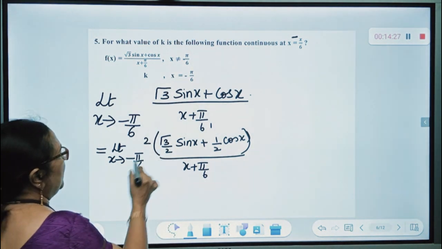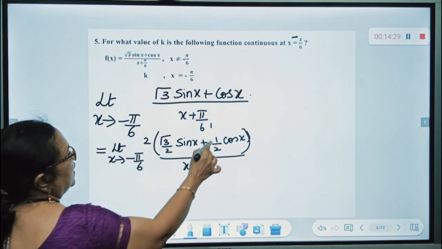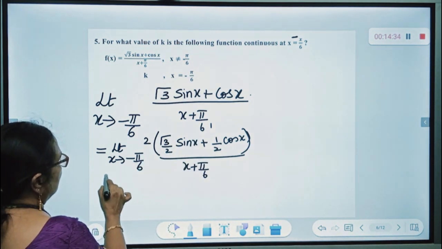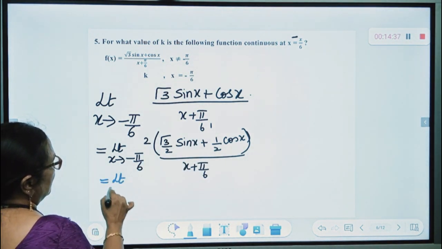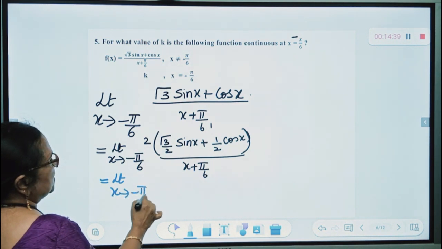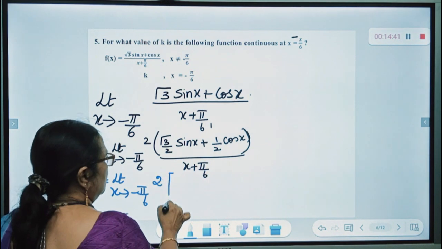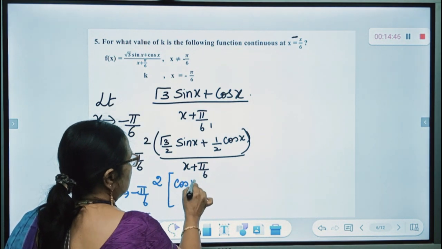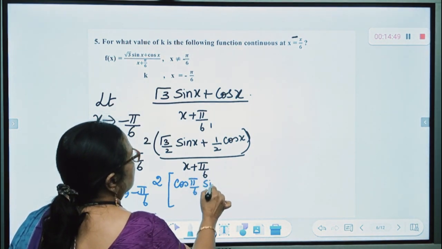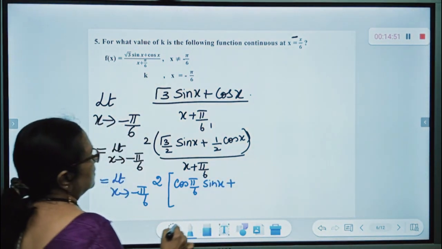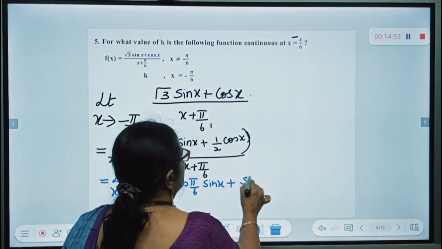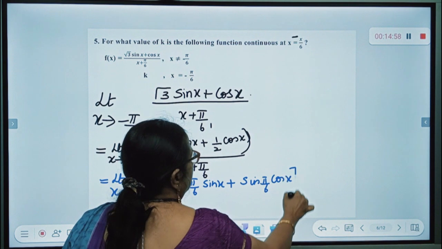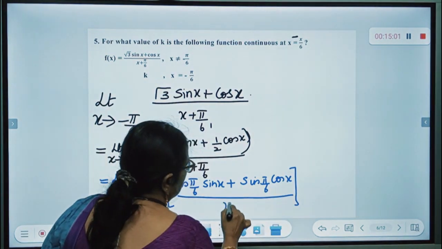So can I write root 3 by 2 as cos 30 and this one as sin 30? So this will become limit x tending to minus pi by 6, 2 into cos pi by 6 into sin x plus sin pi by 6 into cos x, by x plus pi by 6.